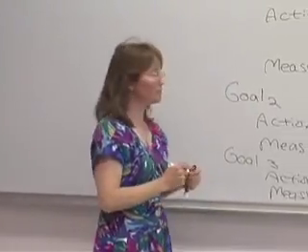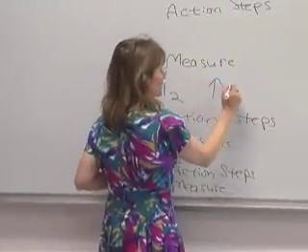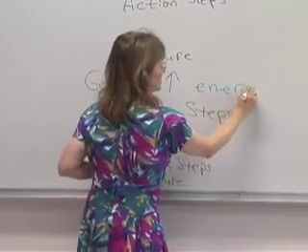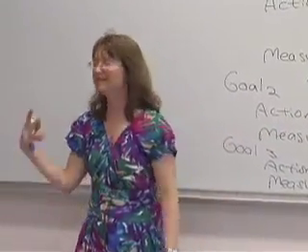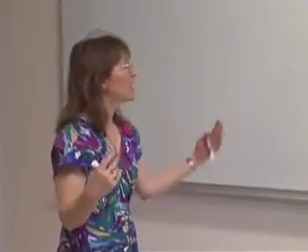Let's say goal number 2 is to increase her energy. So her mood is just down, she feels sad, she feels stressed, she feels rotten, she feels overwhelmed, and she just kind of has very, very low energy.